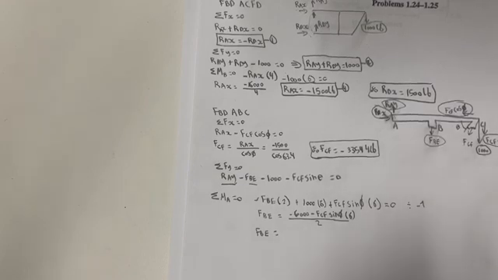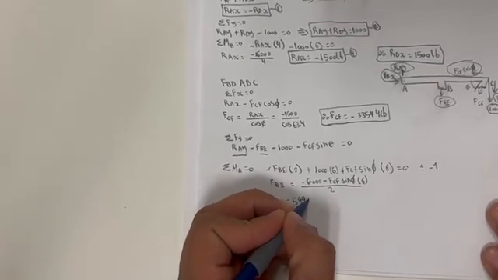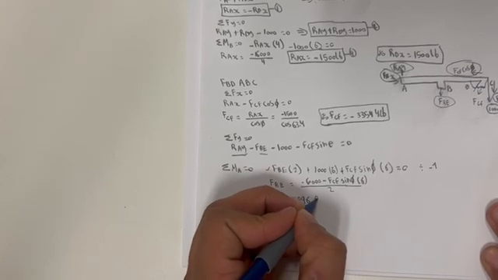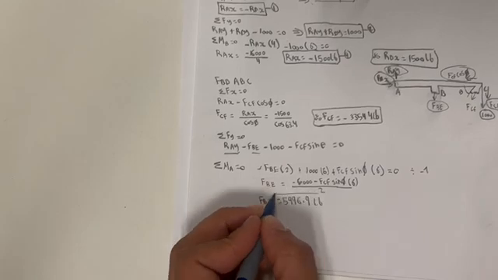Check all the numbers to be sure. Yep, so I got 5996.9 lb. That is for FBE.